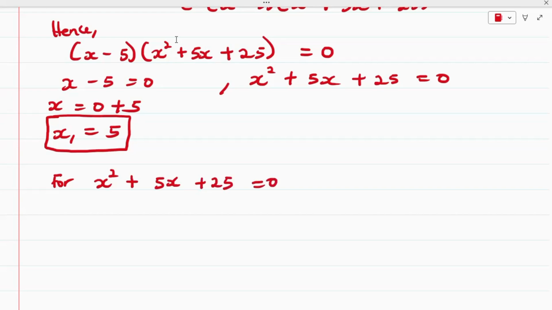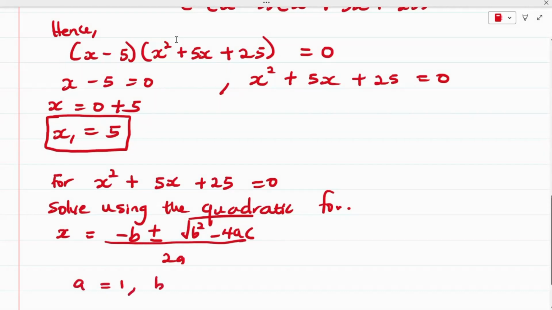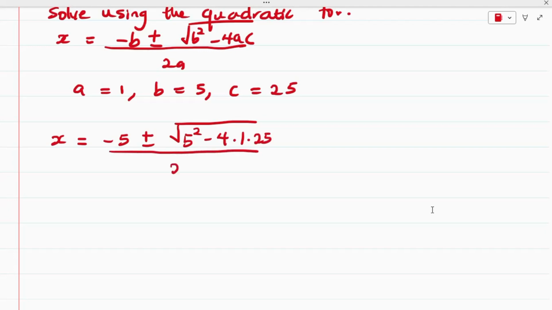In order for us to solve this, we want to simply solve using the quadratic formula. Applying the quadratic formula, that says x is equal to minus b plus or minus the square root of b squared minus 4ac, all over 2a, and we have that a is equal to 1, b is equal to 5, and c is equal to 25. So applying this, we have x is equal to minus 5 plus or minus the square root of 5 squared minus 4 multiply 1 multiply 25, all over 2 multiply 1.